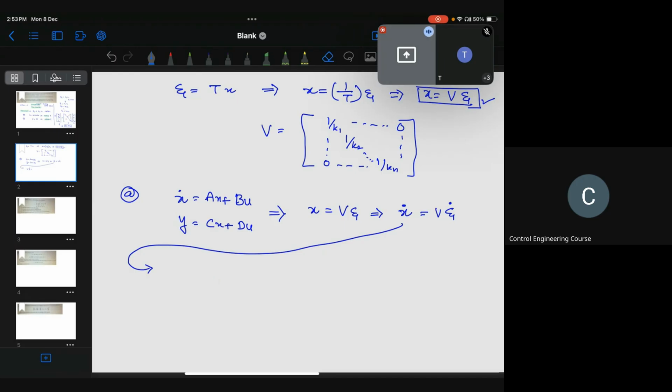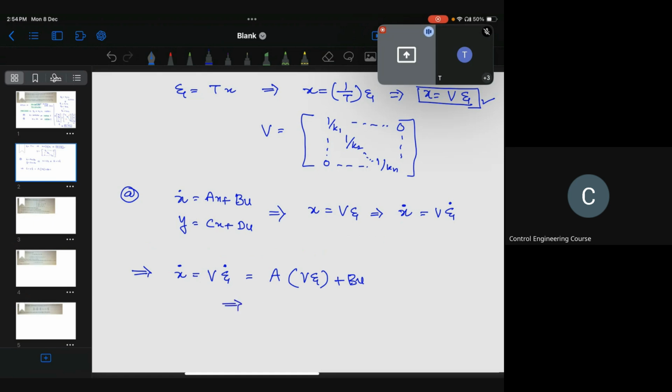So x dot is equivalent to V zeta dot. We can write it as A multiplied by x, which is V zeta, plus Bu. We are writing from this equation only.